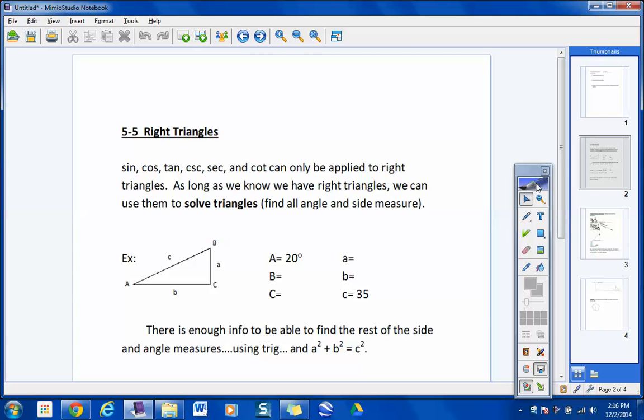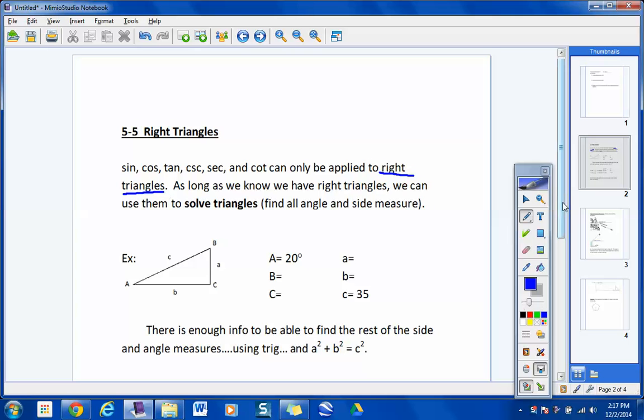But sine, cosine, tangent, cosecant, secant, and cotangent can only be applied to what kind of triangles, guys? Right triangles. As long as we know we have a right triangle, we can use them to solve triangles. In other words, we're looking to find all the unknown angles and all the side measures.